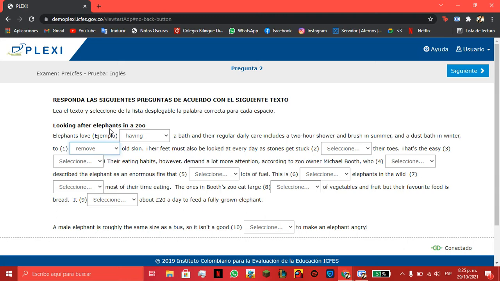Their feet must also be looked at every day as stones get stuck off, along, up, between.